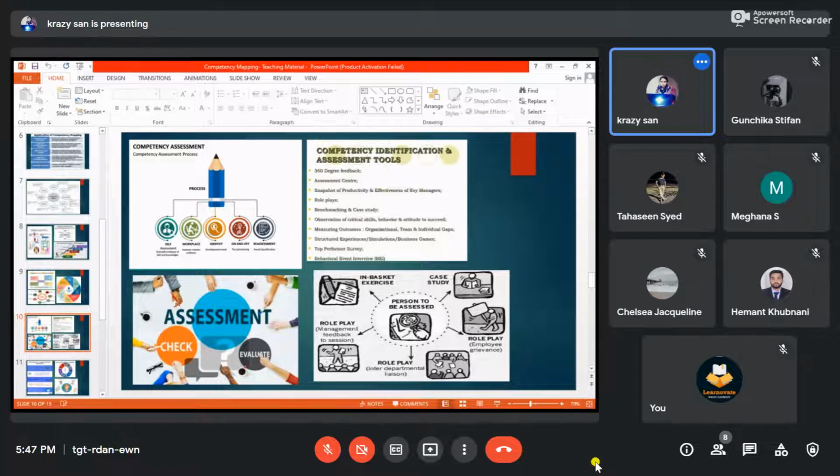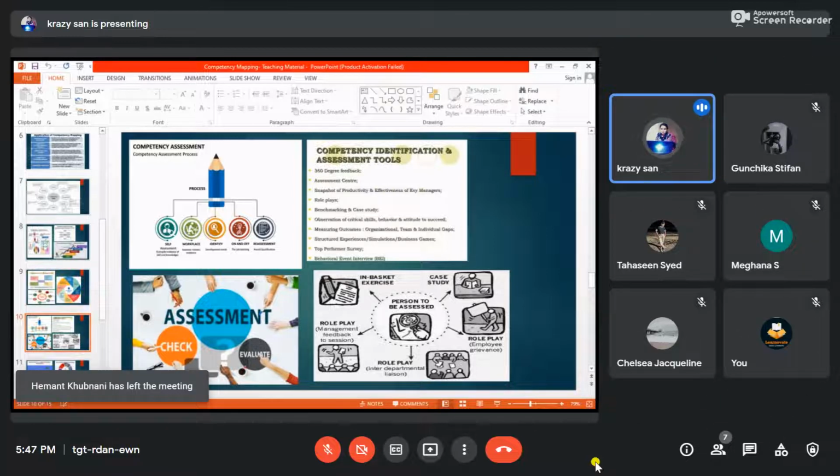Then comes the question of which tools are used. It might be an assessment center, questionnaire sessions, interview sessions, certain issues, and conflict resolutions by an employee. Then 360-degree feedback comes with broad benchmarking and case studies. Some employees are very good at case studies and bringing out the proper solution for the organization's benefit.